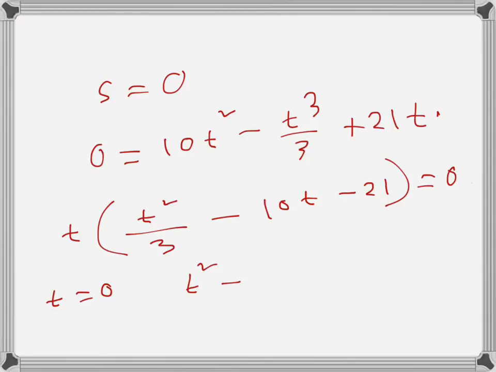So t square minus 30t minus 63 equals 0.